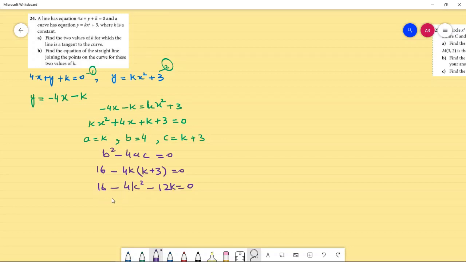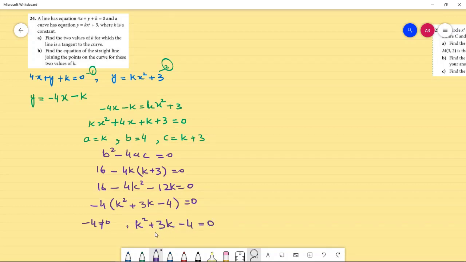Now take minus 4 common and also rearrange them. k square plus 3k minus 4 equal to 0. We know that minus 4 is not equal to 0, hence k square plus 3k minus 4 equal to 0.